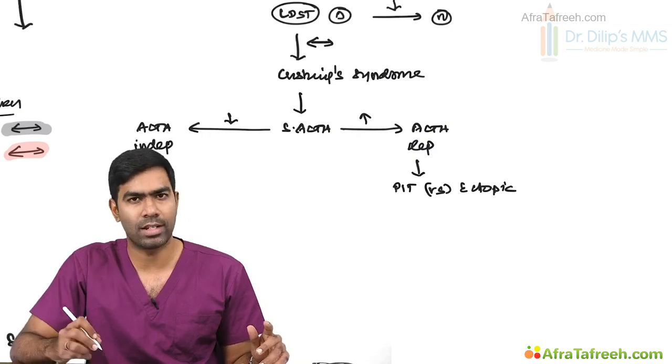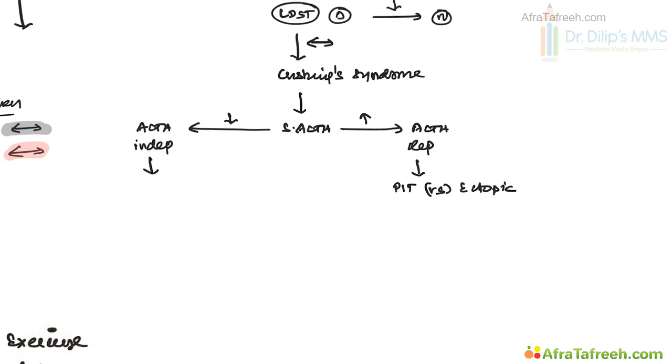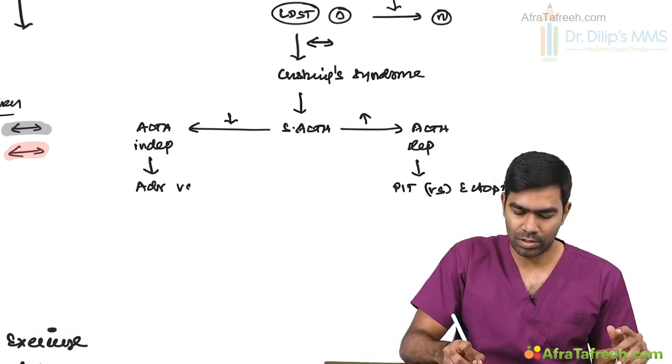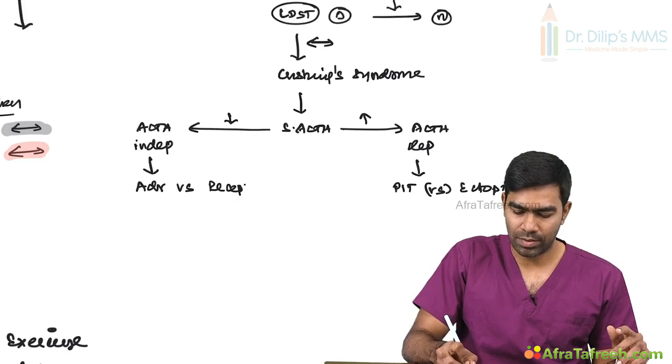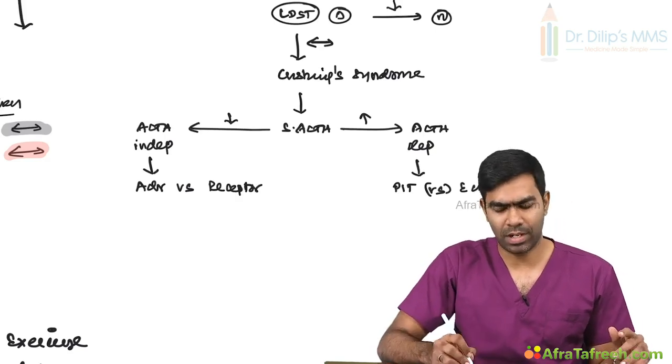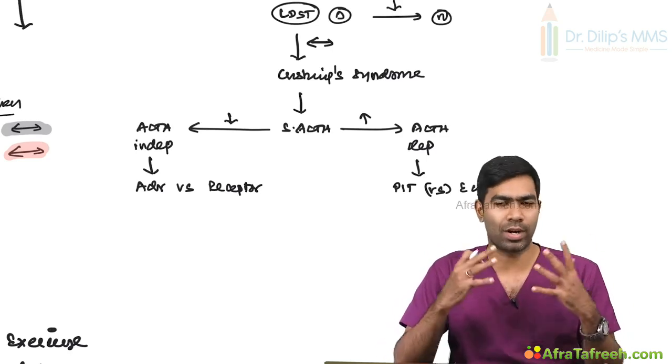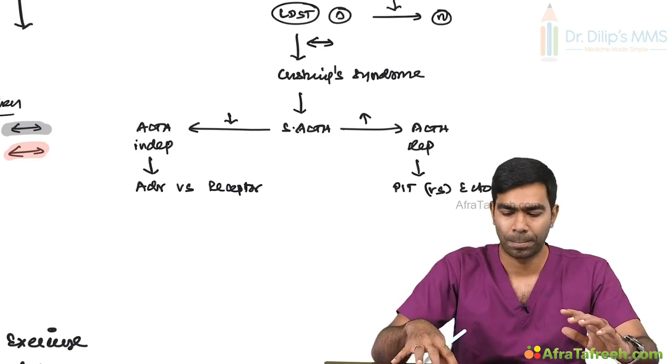Both can produce high ACTH and high cortisol. ACTH independent causes usually will be adrenal level causes or receptor level causes. Clear? But receptor also can be put under adrenal cause, but anyways, just to make sure that you understand better, I'm putting it as a separate cause.